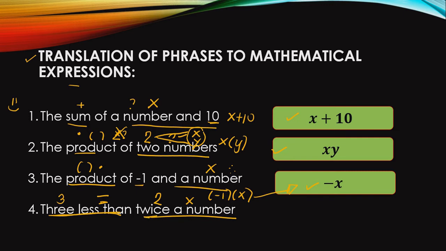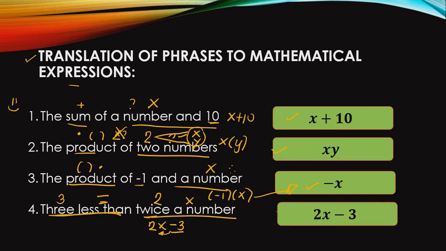So we write it as 2x minus 3. This would be the answer, 2x minus 3.